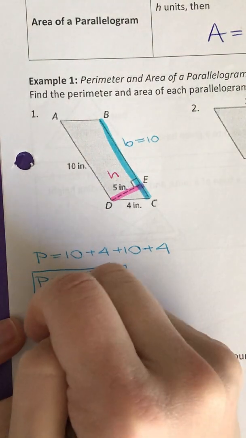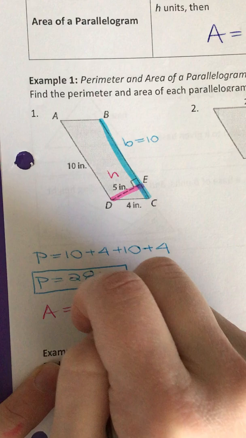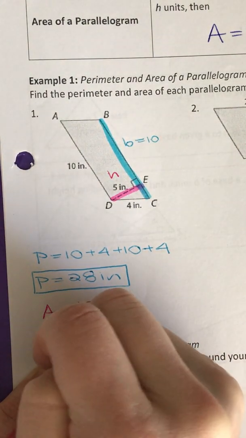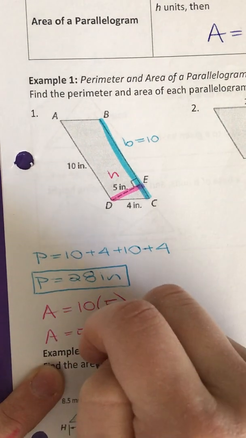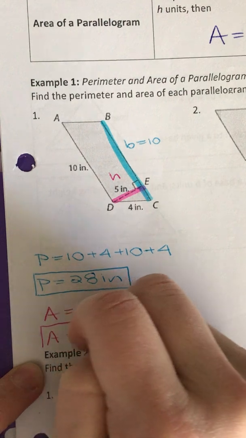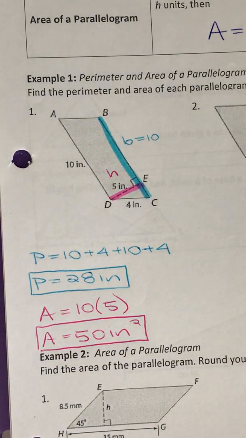My area is base times height. My base is 10. My height is 5. So it is going to be 50, and now it's going to be units squared. Area is units squared, or square units.